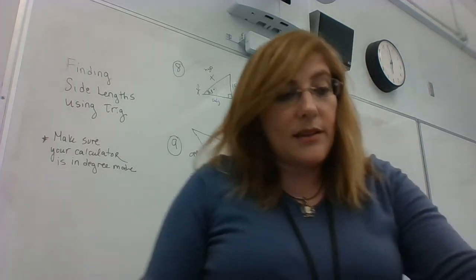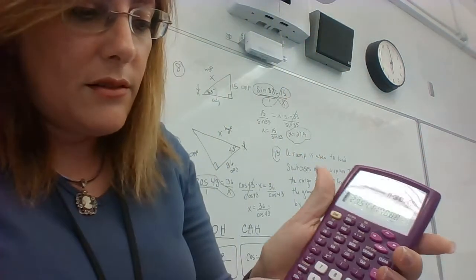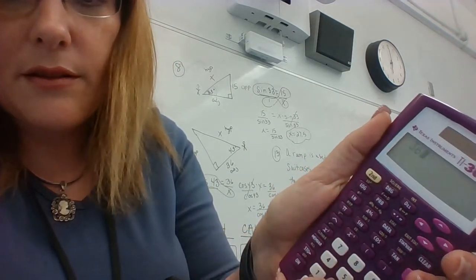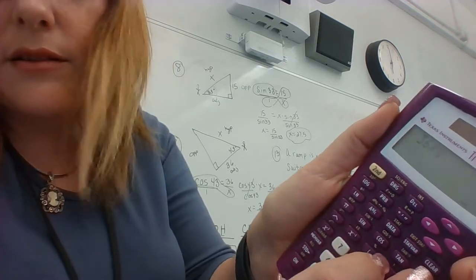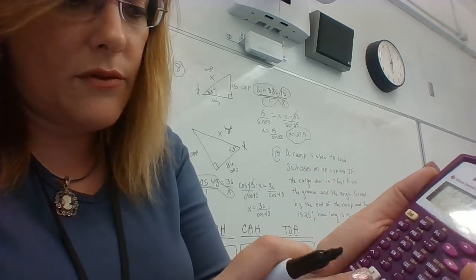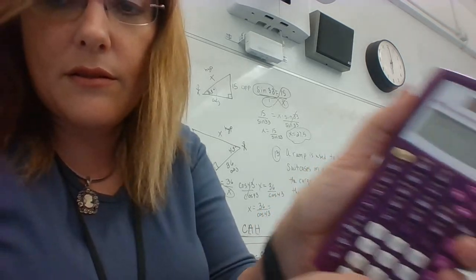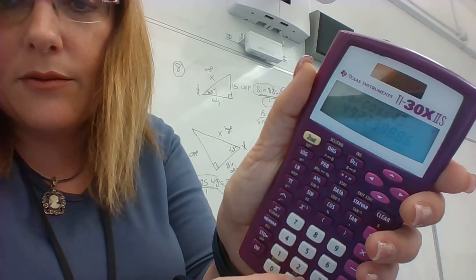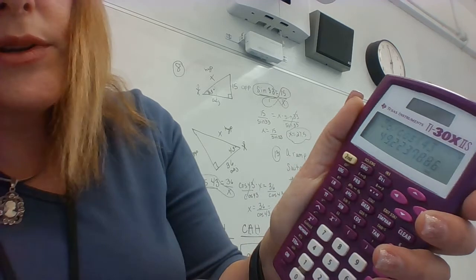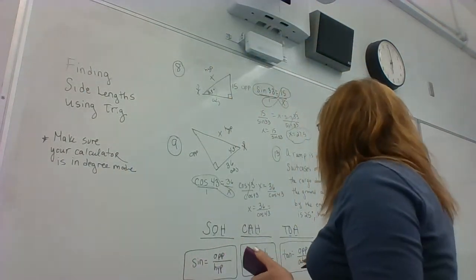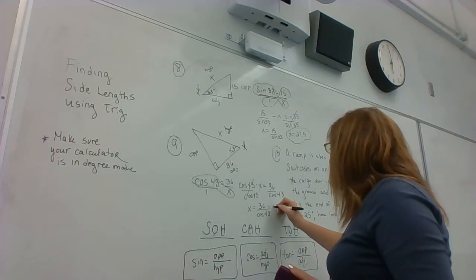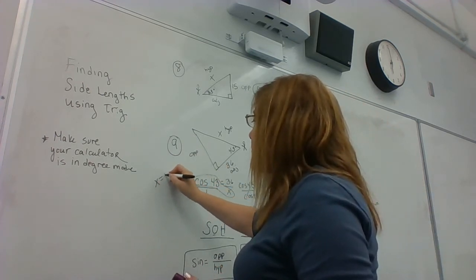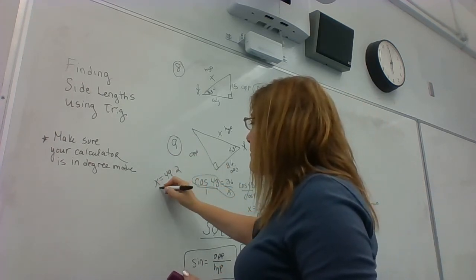Let's see what that is. 36 divided by cosine 43 equals 49.2. So x equals 49.2.